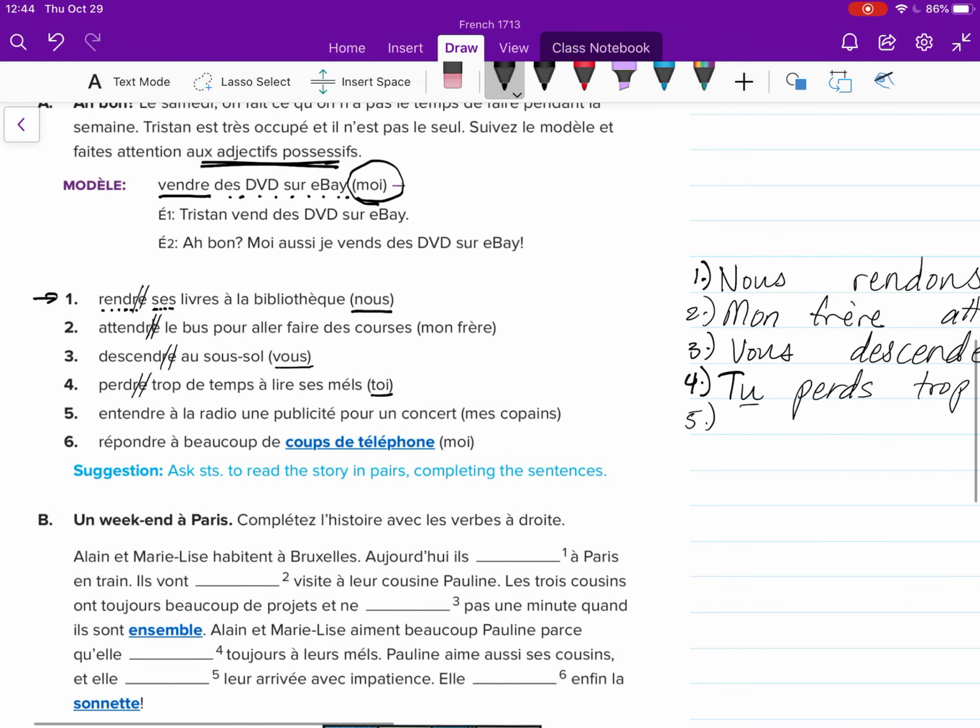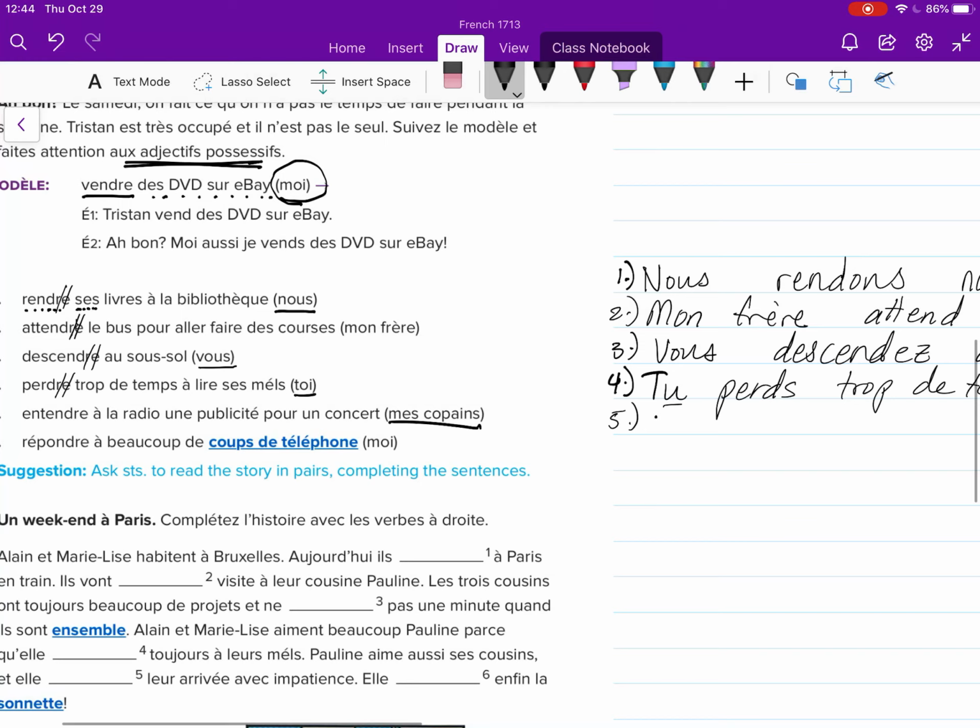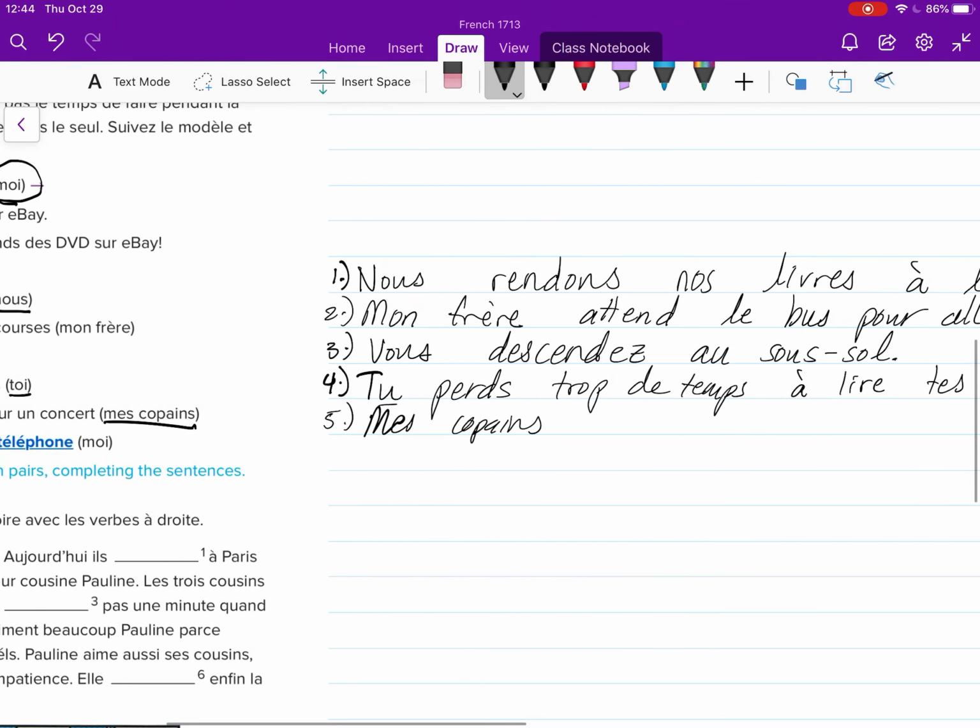Numéro 5. Mes copains and entendre. Mes copains. Entendre, I'll take off the R-E. Add my ending. Mes copains is like il plural, so add ENT.